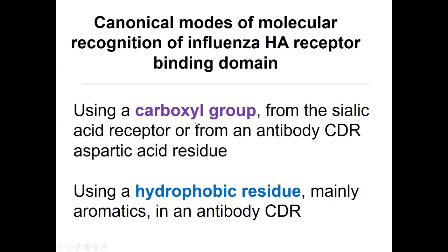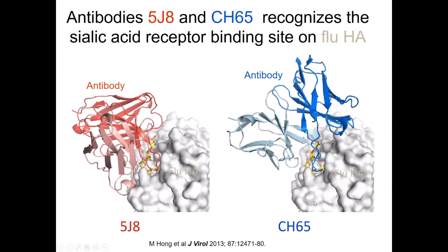One is to put a carboxyl group mimicking sialic acid receptor. You can do that with an antibody CDR that displays an aspartic acid residue at the tip. The other way is to have a hydrophobic residue at the tip, and these are typically aromatics. And I'm going to just show you examples of that.